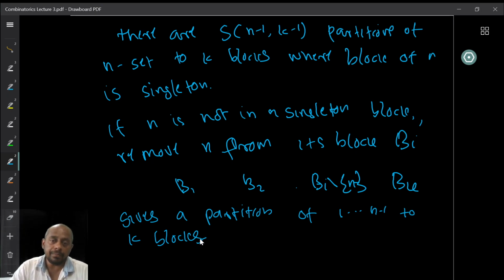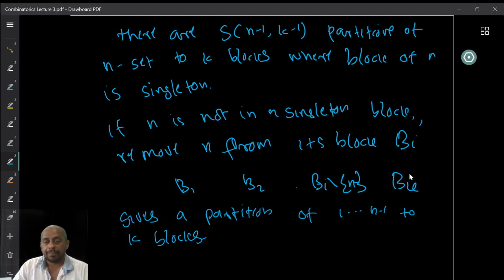Now this same partition we would have got if instead n was a part of b1, or b2, or bk.